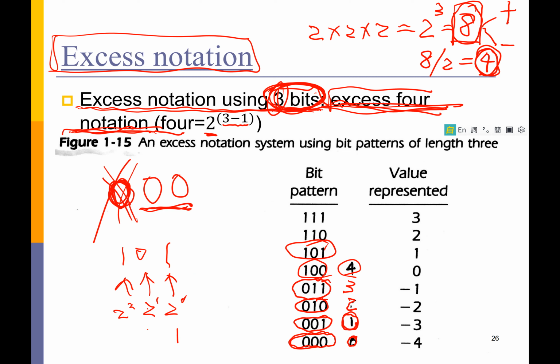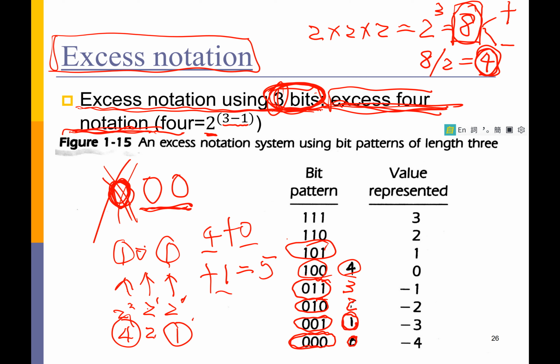So this is 1, this is 2, this is 4. 1 times 4 is 4, plus 0 times 2 is 0, plus 1 times 1 is 1. So 4 plus 0 plus 1 is 5. So 101 is 5. And 110 is 6, 111 is 7.